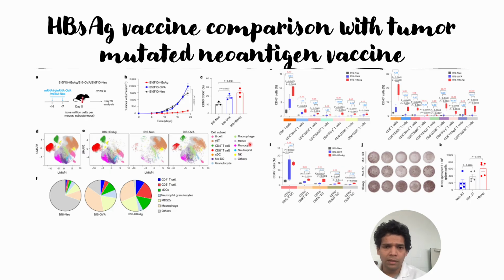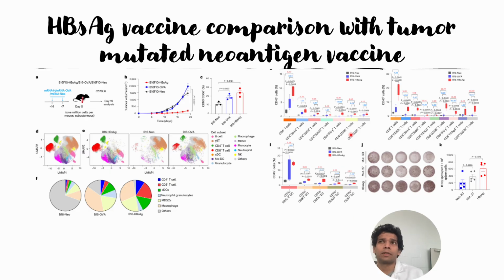Then they checked the subsets of these T cells, whether the CD4 plus and CD8 plus T cells are able to produce lytic granules such as granzyme and IFN gamma. At the same time, they also checked the PD-1 expression on the cells, which is a sign of activated T cells.